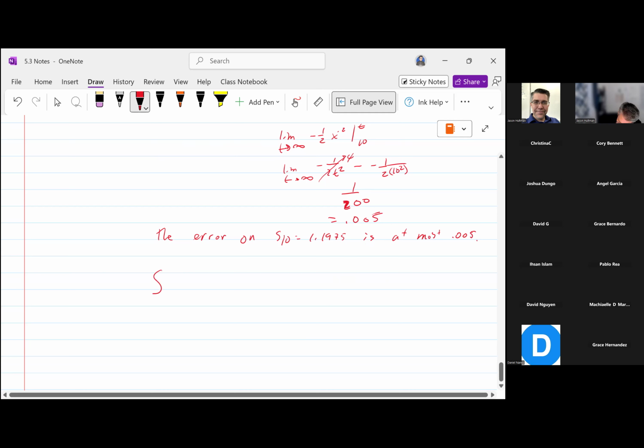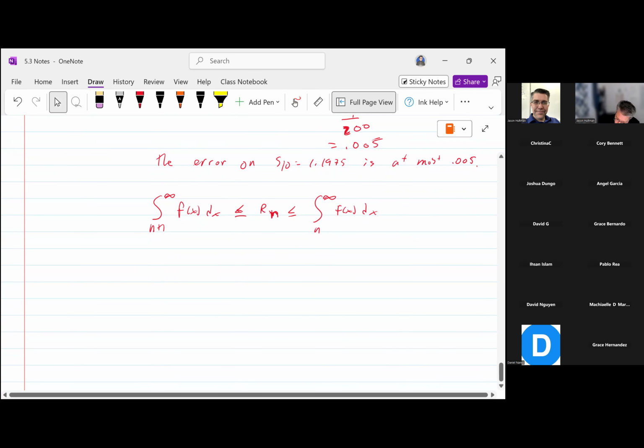If we have the integral from n plus 1 to infinity of f of x dx is less than or equal to Rn, which is less than or equal to the integral from n to infinity of f of x dx. Well, what is Rn? Rn is s minus Sn.